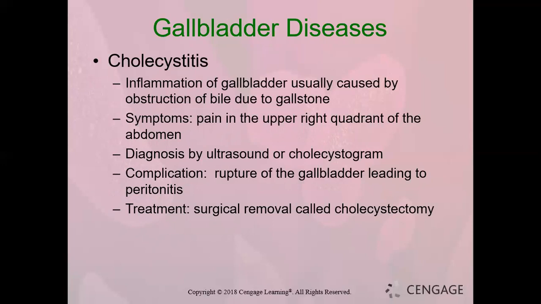There are different diseases of the gallbladder. Cholecystitis: chole would just be gallbladder, and itis is inflammation, so inflammation of the gallbladder. This can cause a lot of pain. People can live without their gallbladder, so usually they'll just remove it.